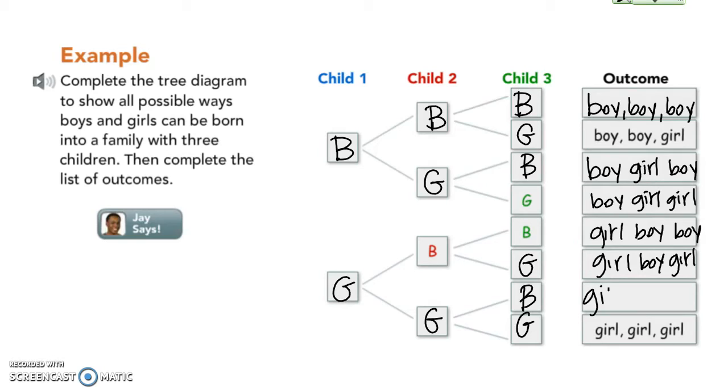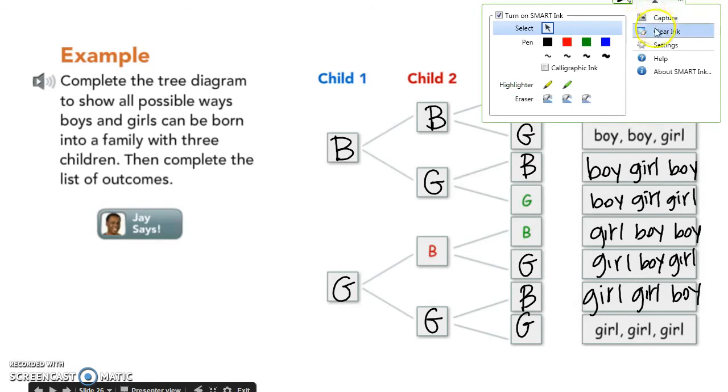And girl, girl, boy. And then last is girl, girl, girl. Those are all the different possible combinations of 3 children's genders.